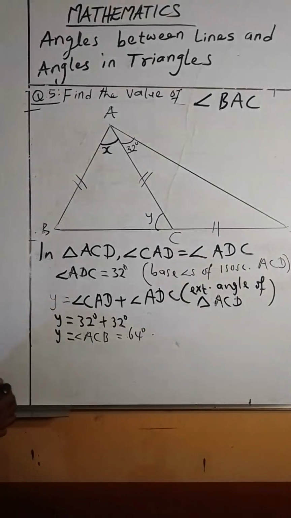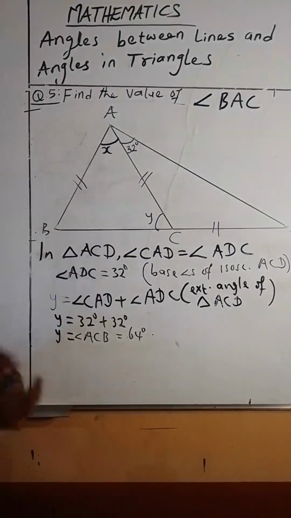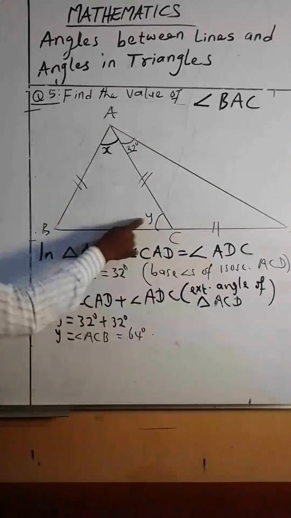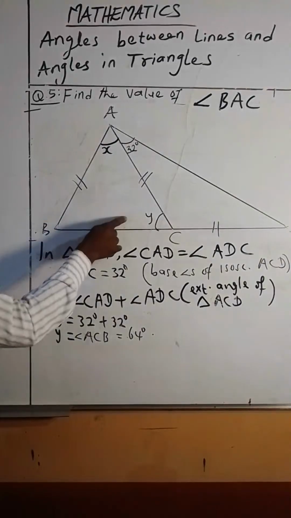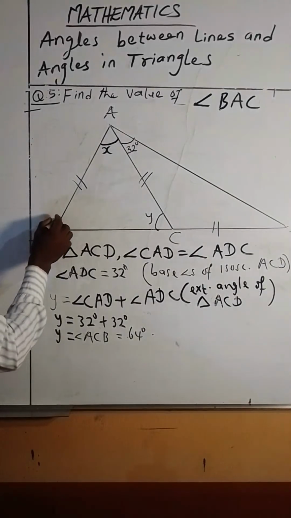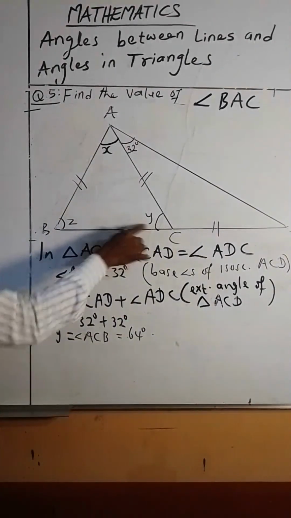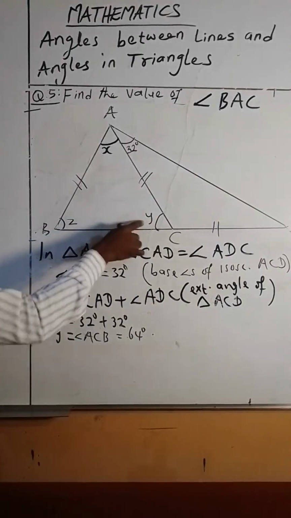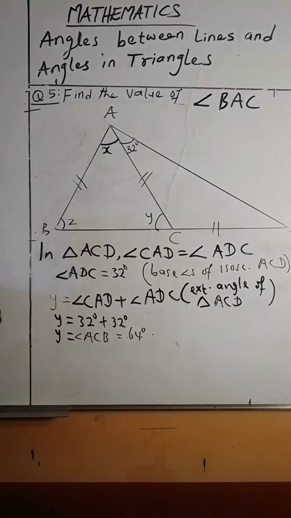That is what it is here. 64 degrees. Then how do we get X? We already know that these two are equal for the same reasons. So let's call this one Z. If we add Z and Y, and subtract from 180, we will get what is here.